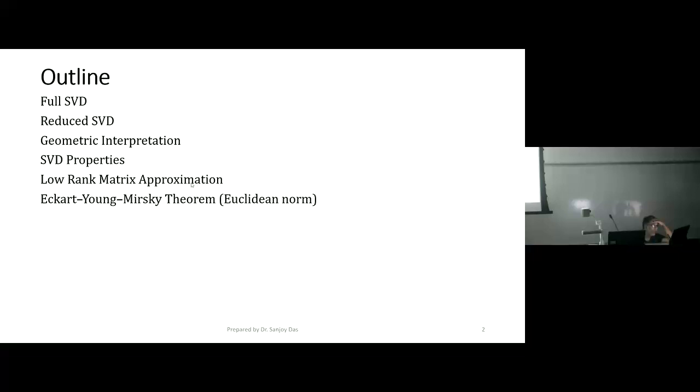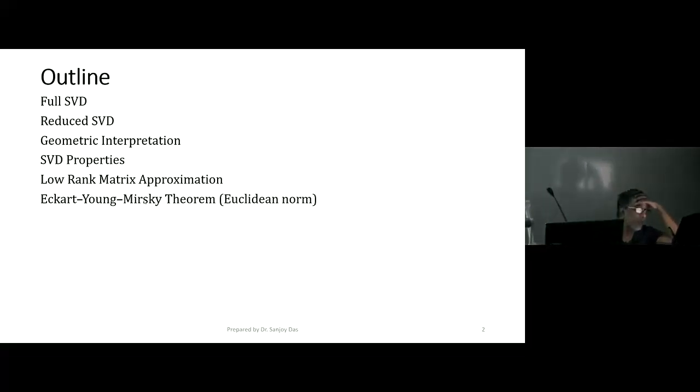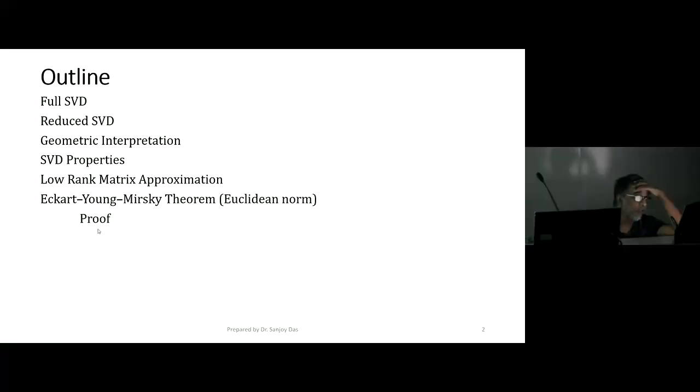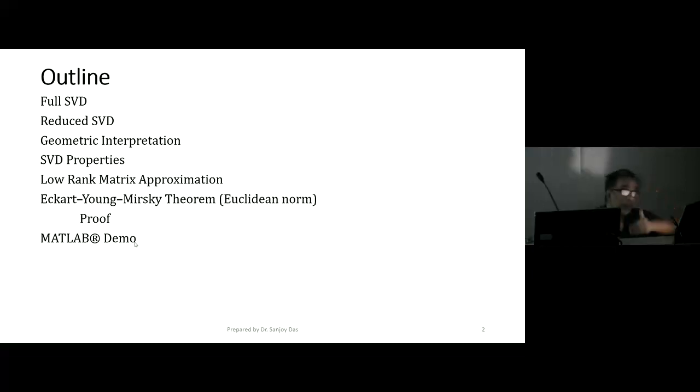Related to this is the Eckart-Young-Mirsky theorem, and we'll do this theorem and proof for Euclidean norms. And then a MATLAB demo. Now, if we have time, I'll show you how image compression can be done using SVD. That will be a second MATLAB demo.